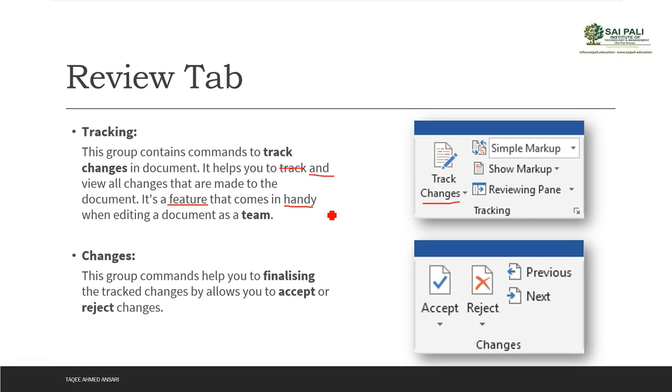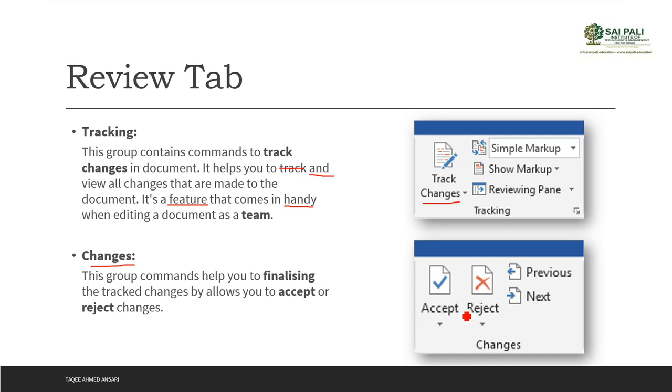So this is how the author knows what changes have been made, but that is not final. The author has to decide whether the changes should be accepted or not, and that is decided by the next group, called changes, where you can finalize the document.